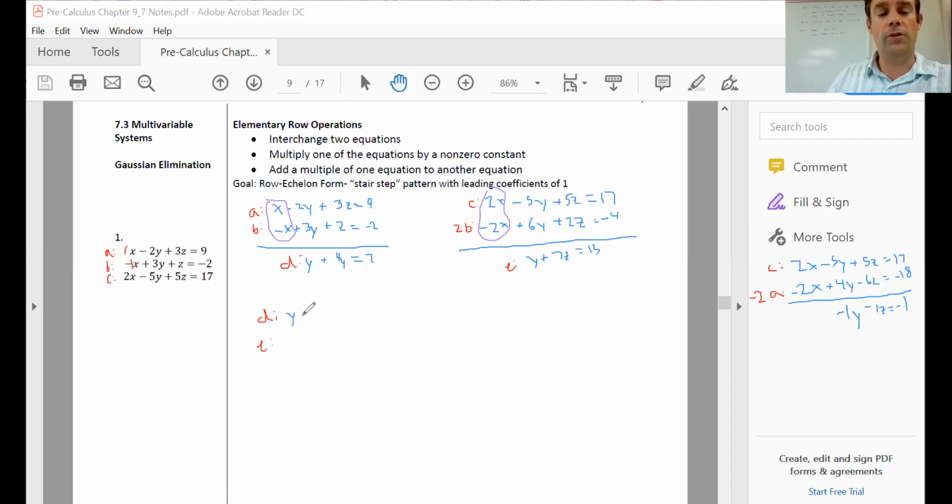So now we're back to what we did back in Algebra 1, back in Integrated 1. I have 2 equations. That should have been a Z right there.